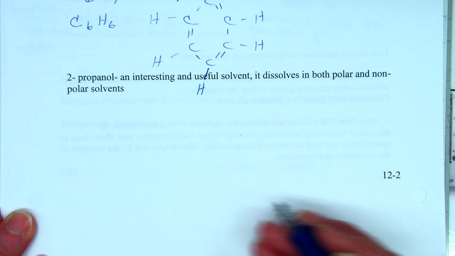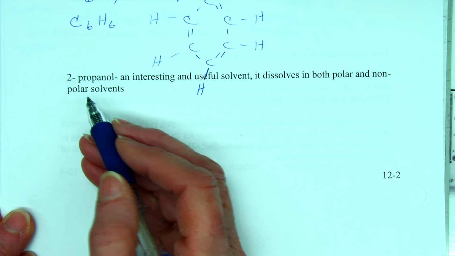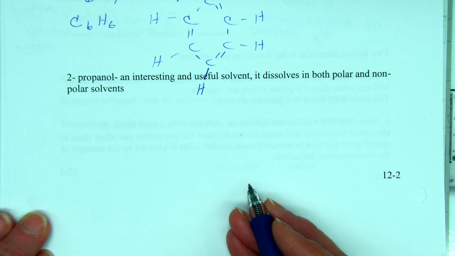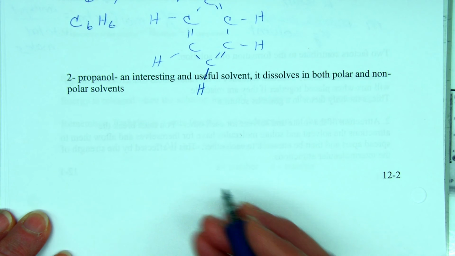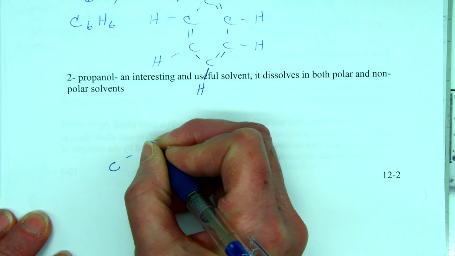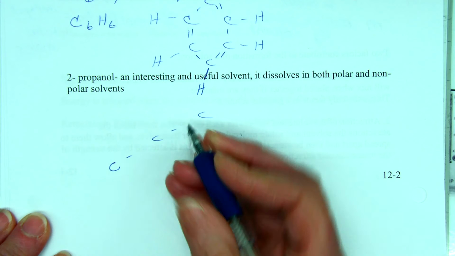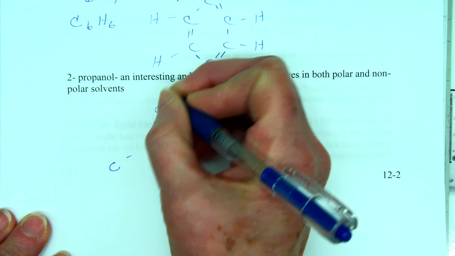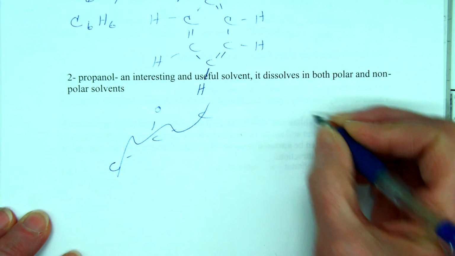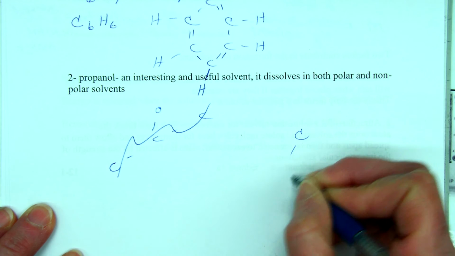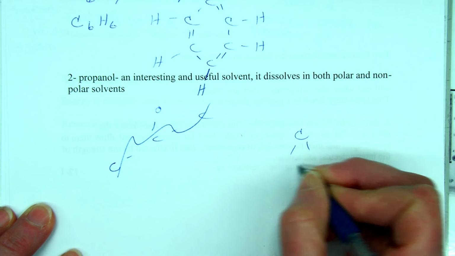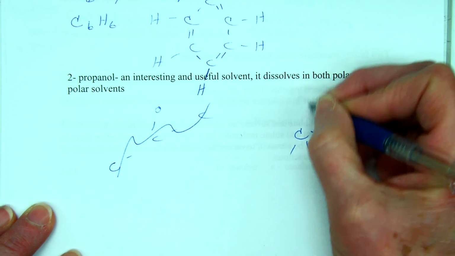So the 2-propanol, what does prop mean? How many carbons? 3. So we have a 3-carbon hydrocarbon. The 2-propanol means that the hydroxyl group, actually I'm going to redraw that because I didn't draw it nicely for showing the shape.